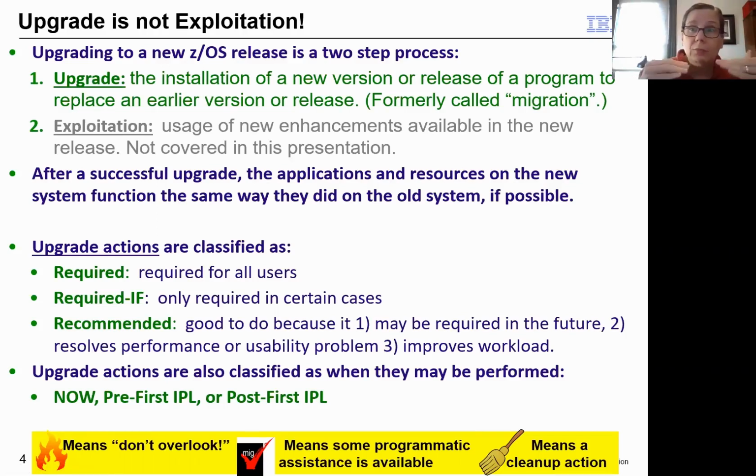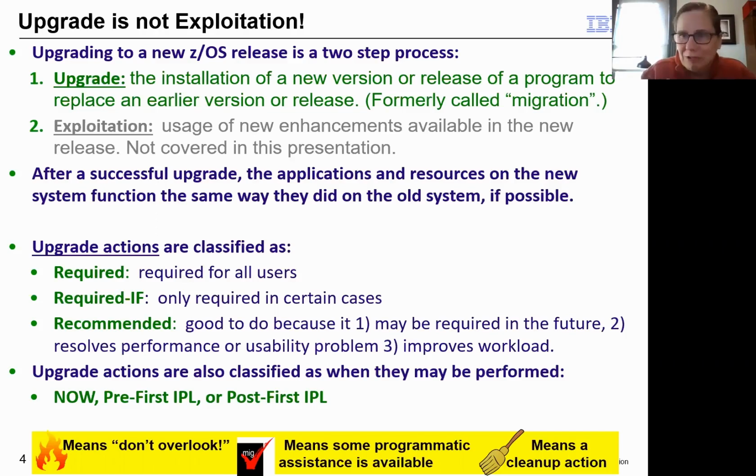When you've done the upgrade and it's stabilized, hopefully you have time to look at a lot of the new functions in the release. I'm not going to cover exploitation. I already talked a lot about the exploitation items in the What's New in zOS 2.5 presentation, and at GSE there have been a ton of other what's new and exploitation sessions in particular areas that you can look at as well.